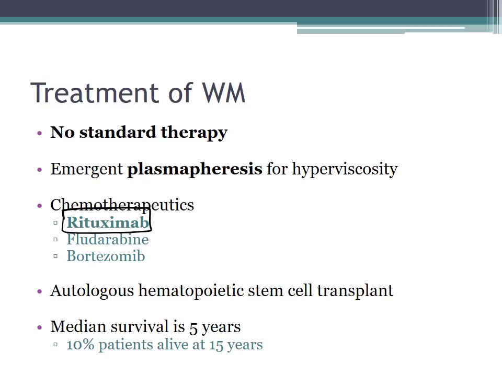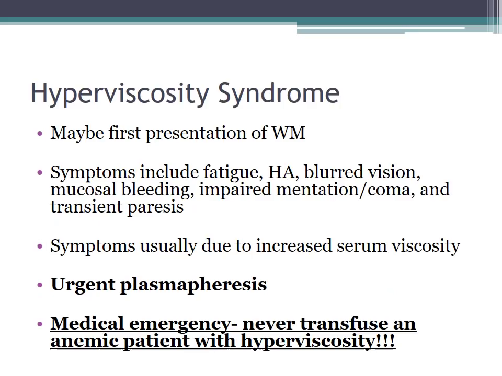Remember that a plasma cell is a type of B cell, so this tends to be the most promising treatment for patients. Some patients will also qualify for hematopoietic stem cell transplant, and the survival can be a little lower for these patients with a median survival of 5 years and 10% at 15 years, and this is related to some of the other complications of this disease.